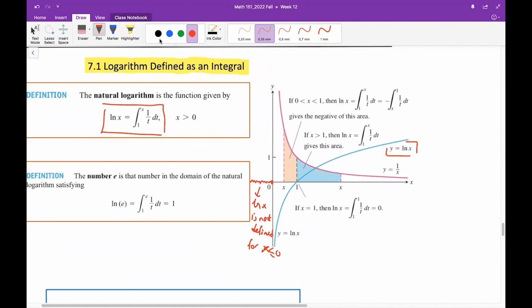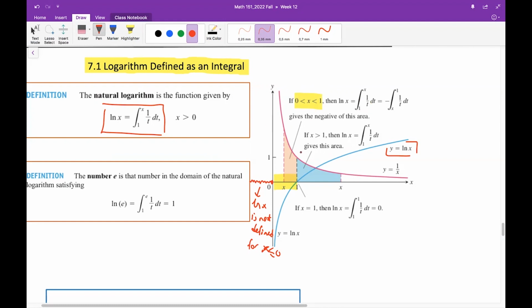For example, if you choose your x value between 0 and 1, so now you are looking at this interval, then by using this definition for the natural logarithm function, ln x is defined as the integral from 1 to x of 1 over t dt. But here x is less than 1, remember? So the upper boundary is less than the lower boundary, which means the result of this integral will be negative.